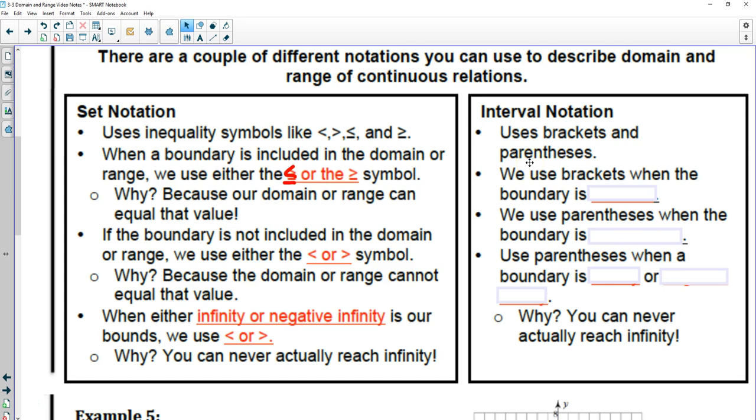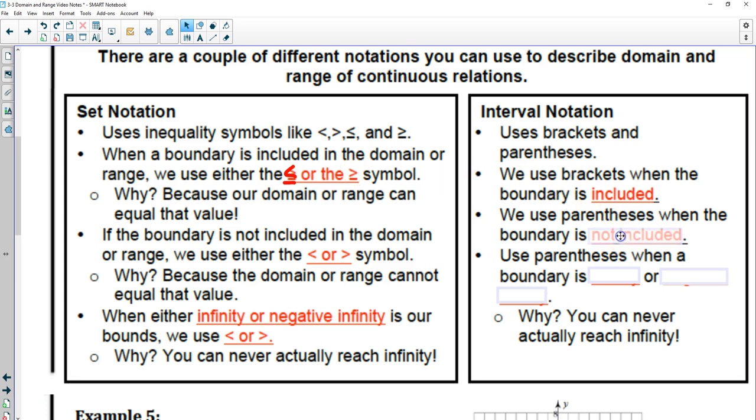The other option is to use interval notation. It looks cleaner, but it can also be a bit confusing because it uses brackets and parentheses. That gets confusing because we use parentheses for other things like ordered pairs. But brackets in this case would be when the boundary is included. Brackets are analogous to the greater than or equal to symbols over here.